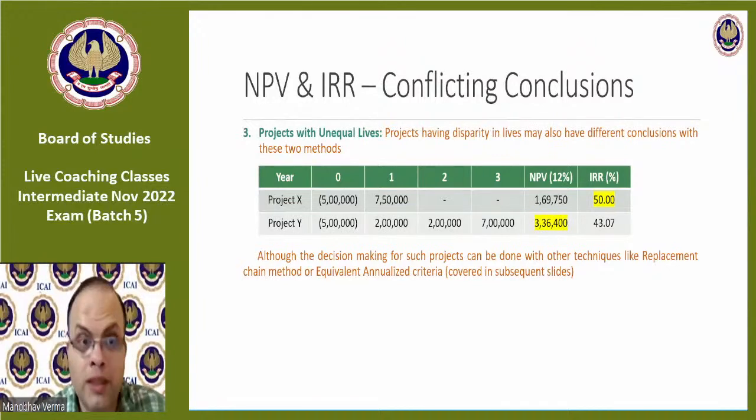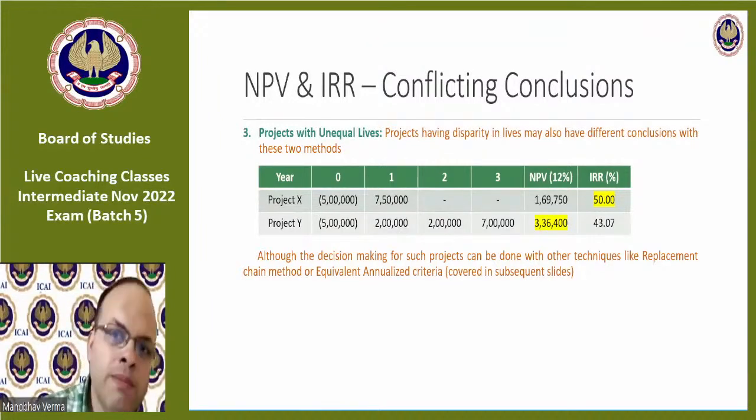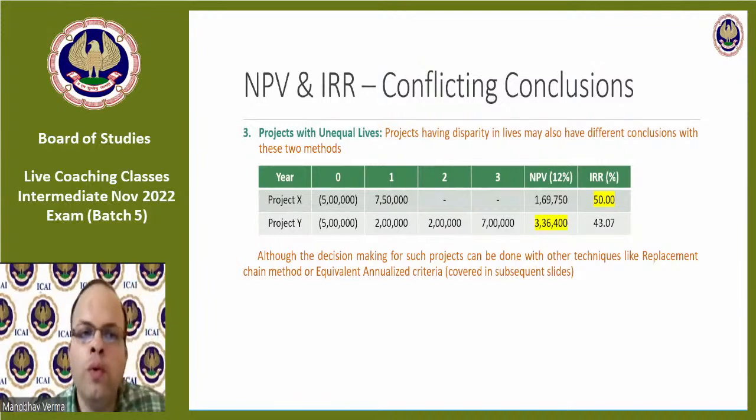Now, projects with unequal lives. I will talk about a solution for this also. If there is a disparity in lives, there also we are talking about different conclusions. Project X, for example, just 1 year, all the return in the first year, 50% IRR.